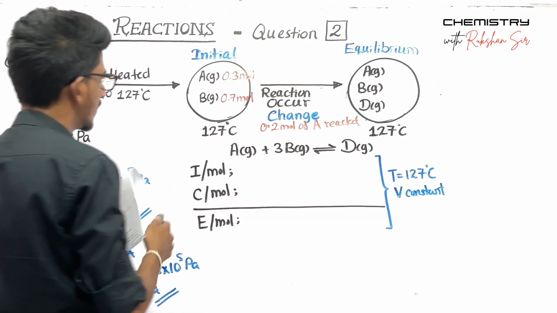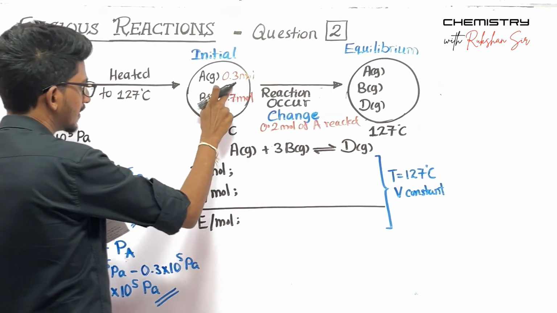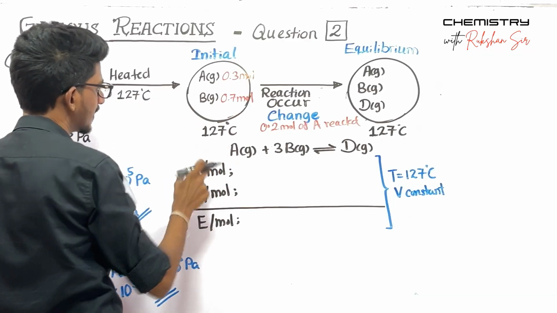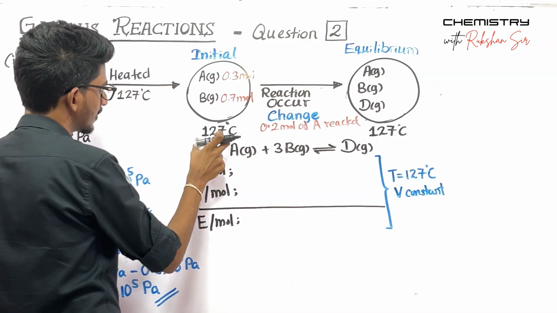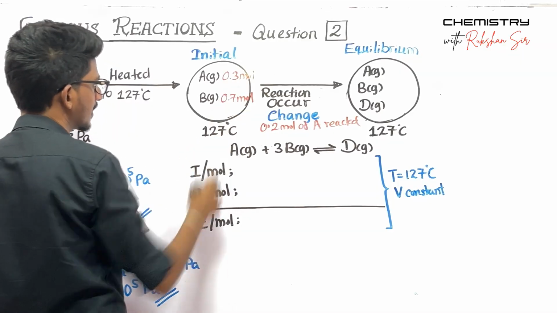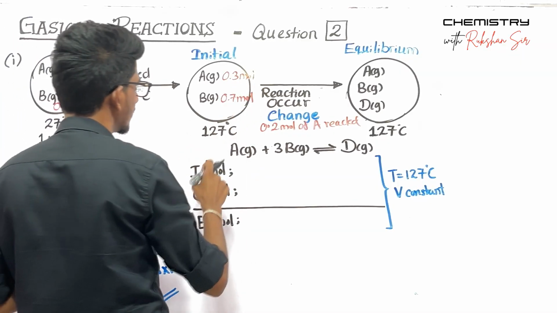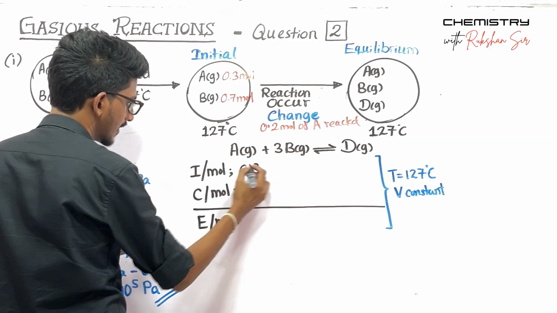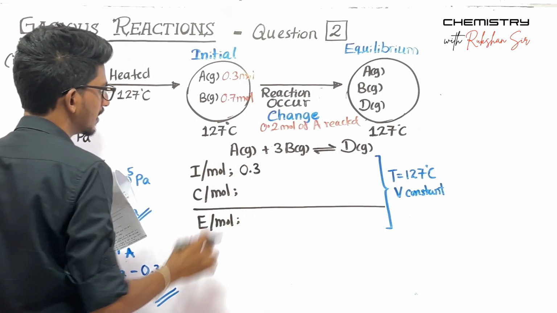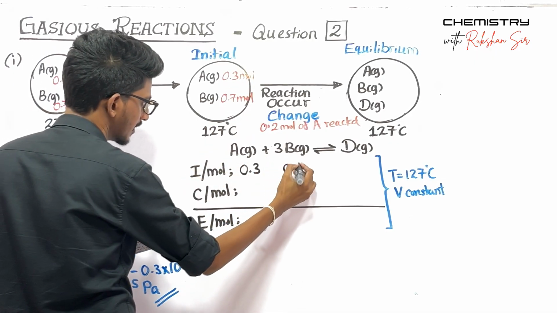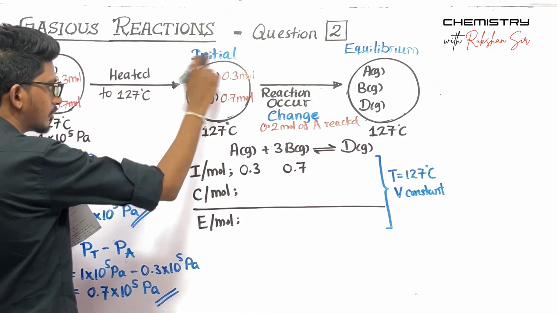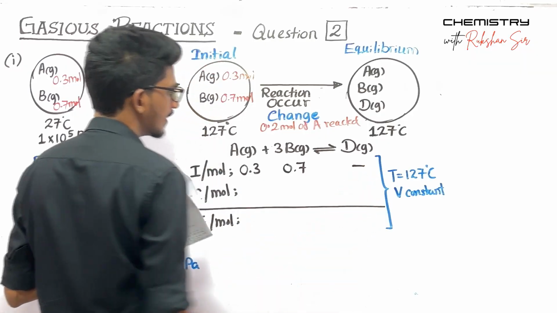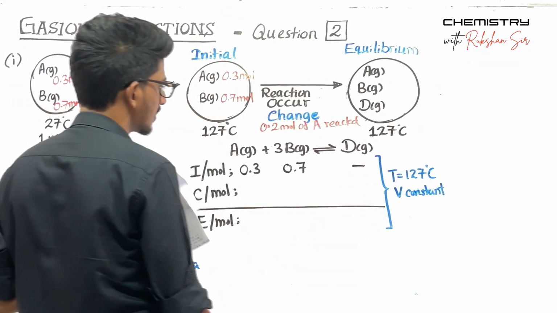So the 0.3 moles of A at the beginning, at 127 Celsius before the reaction, before milliseconds of the reaction, 0.3 moles of A was there. So this is the initial 0.3 moles of A and 0.7 moles of B was there. And at the initial point, there was no D appearing before the reaction, right?